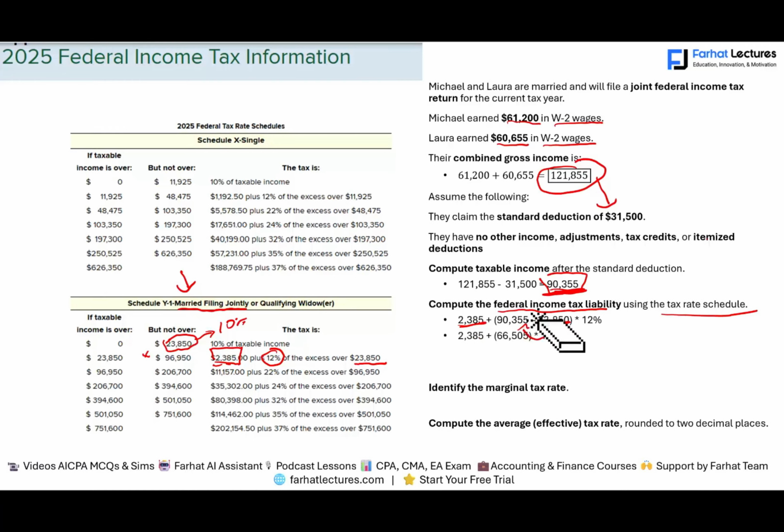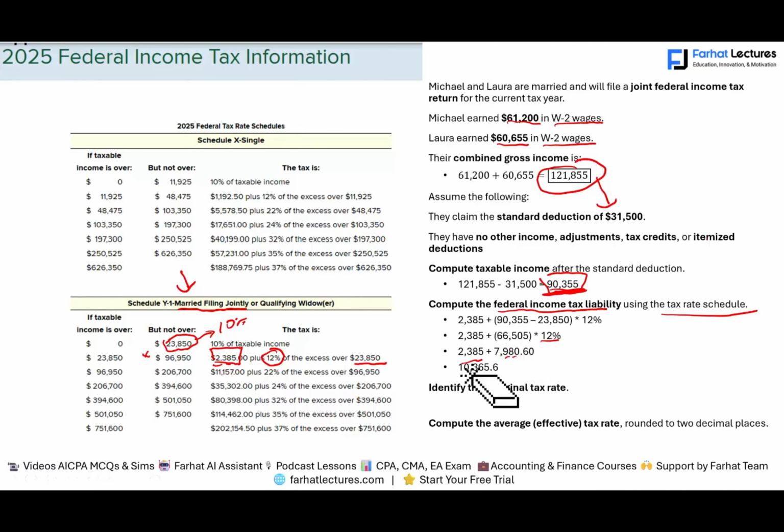Now what we have to do is solve the formula. So the amount that's subject to 12% is $66,505. If we take $2,385 plus $66,505 times 12% will give us taxes of $7,980.61.